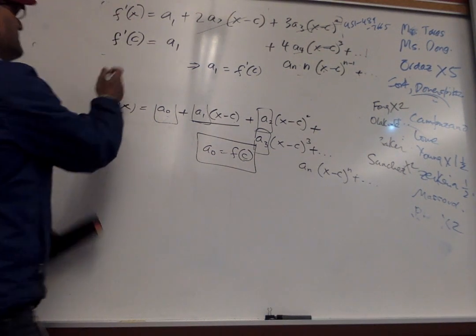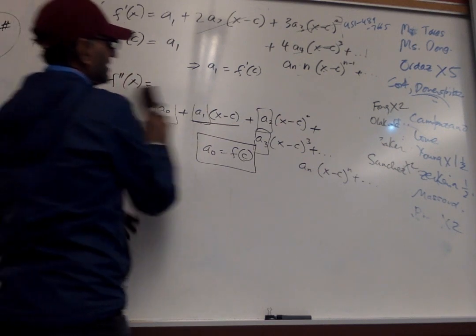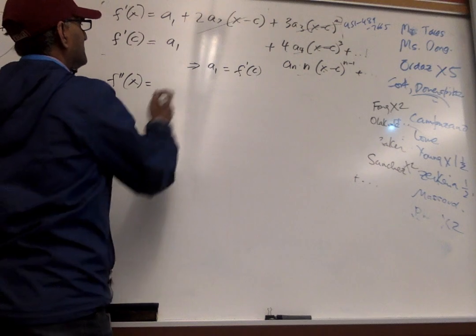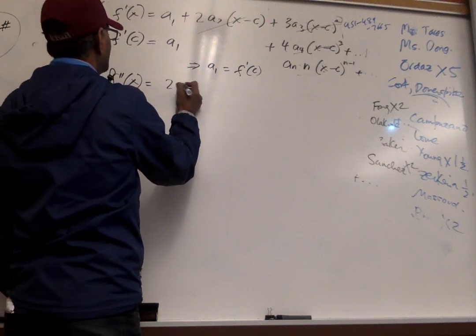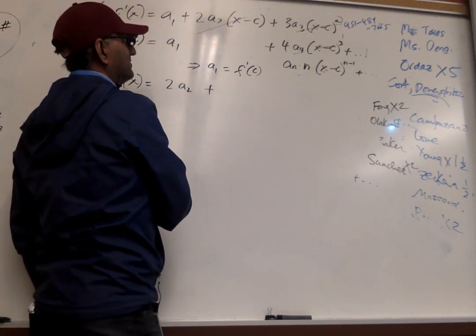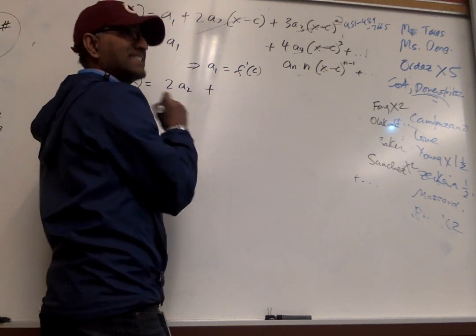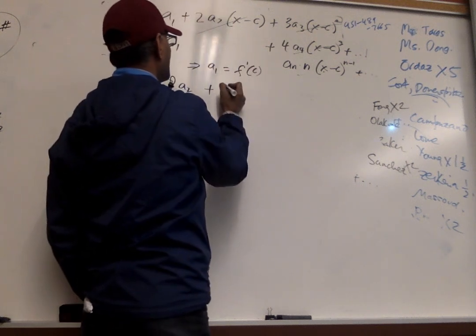Take the second derivative. Thank you. F double dash of x. What's the derivative of the first term? What's the derivative of the second term? 2a2. Plus, what's the derivative of the third term? Stop! I'm not going to write 6. You can totally write 6. But I'm going to have you make a discovery. I'm going to write that as 3 times 2.